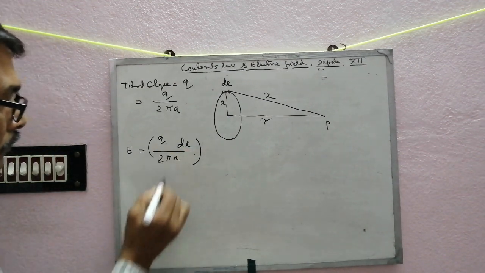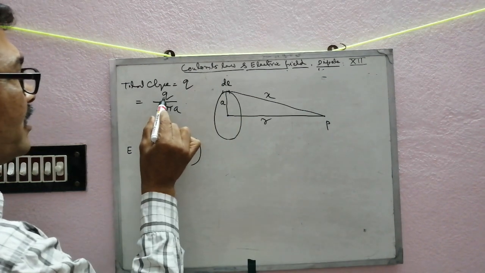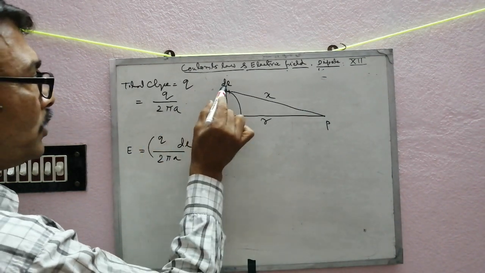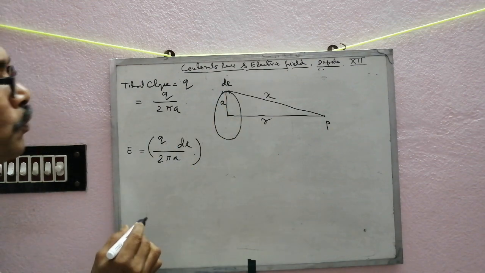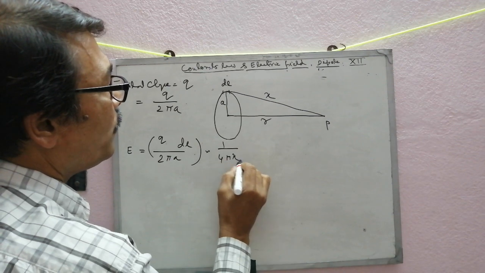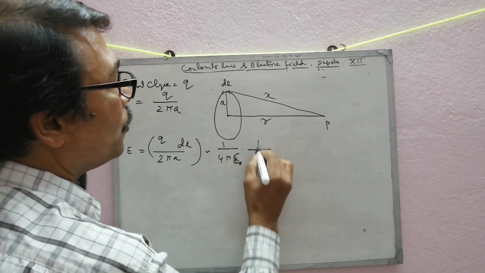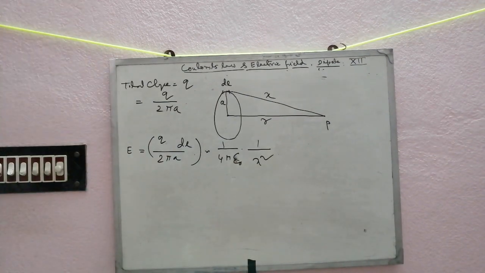Follow? Unit length charge Q by 2 pi A, so total charge in dl is Q dl by 2 pi A, into 1 by 4 pi epsilon naught, 1 by x square.